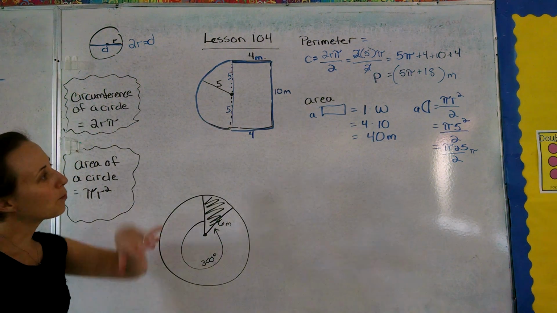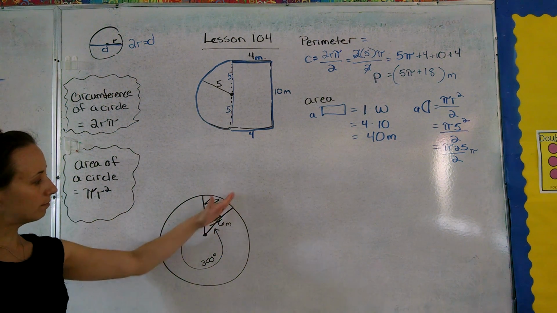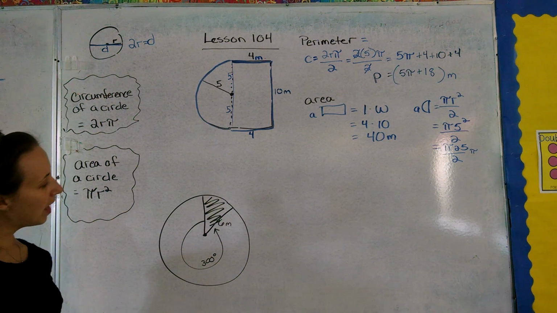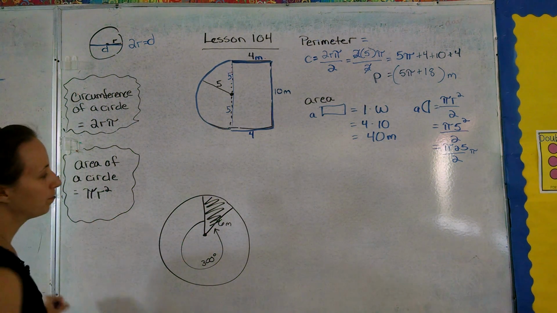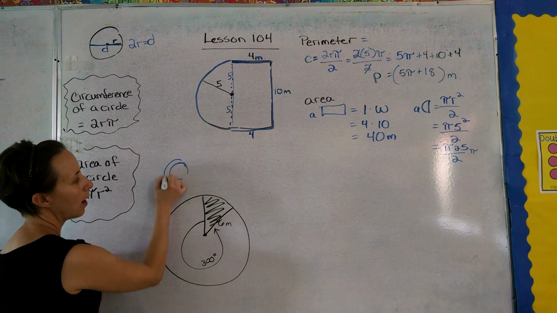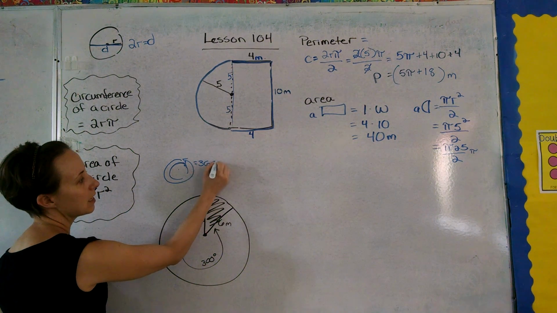Similarly, we can use that same process to help us with this one. Here I have a sector. Looks like a piece of pie. I know a circle, a whole circle, if I go the whole way around the circle, is 360 degrees.